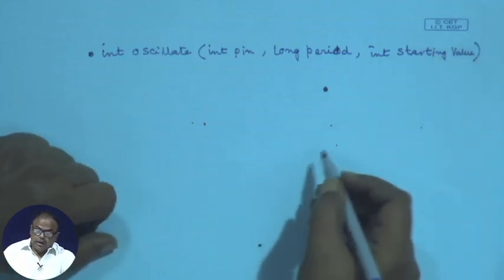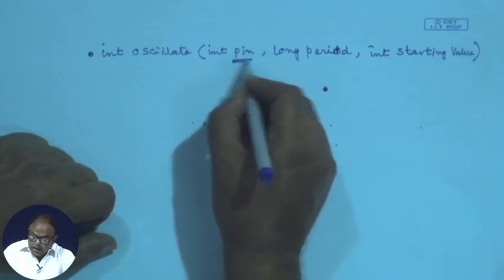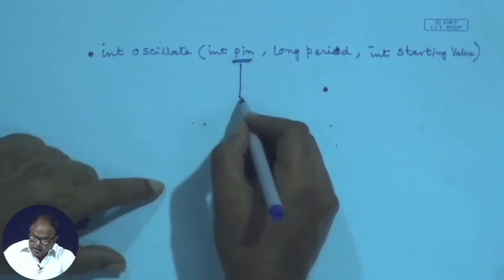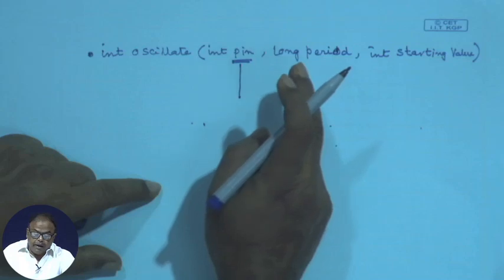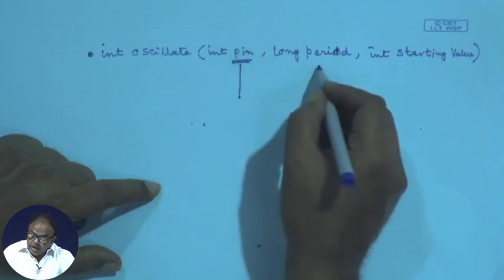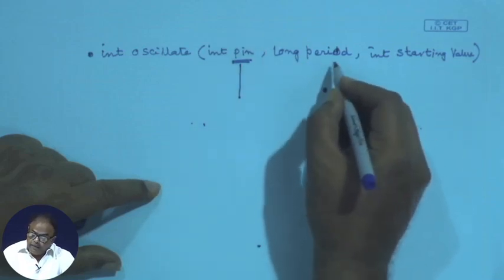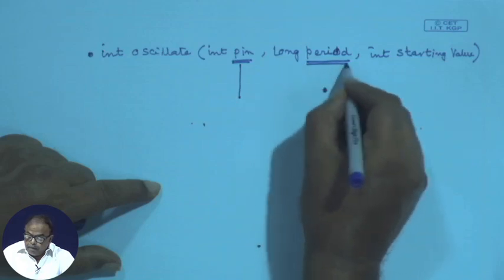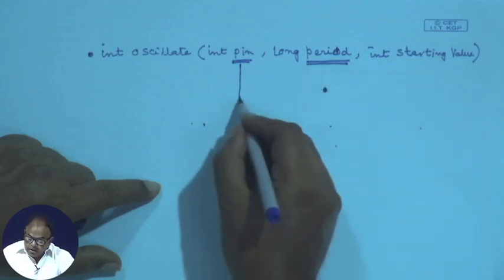That means pin is a particular pin, and what I am saying is after every period I will toggle the state of the pin.